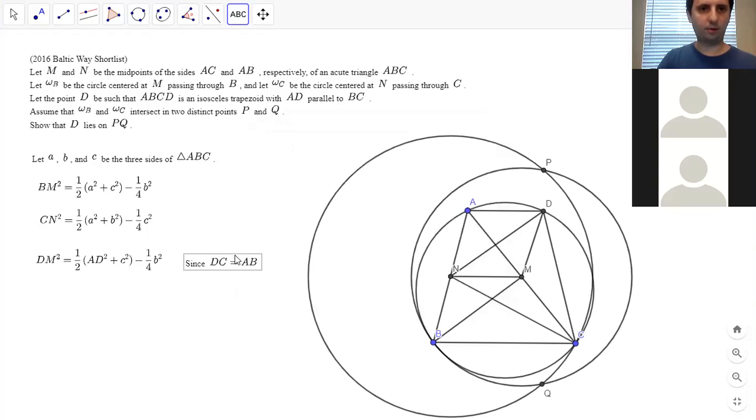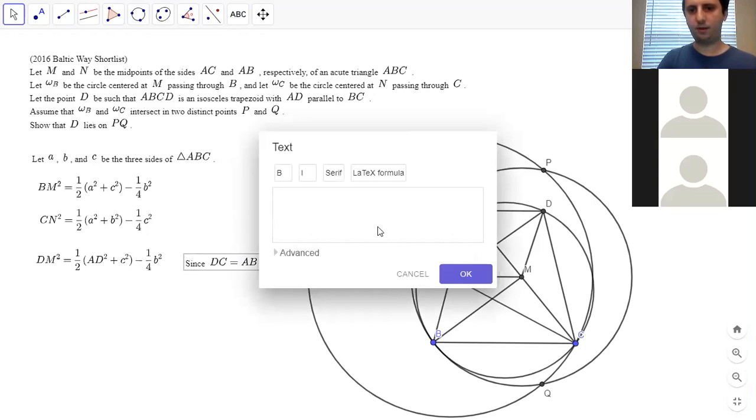and then similarly we have BN squared is half of AD squared plus, that's going to be B squared minus a quarter C squared.